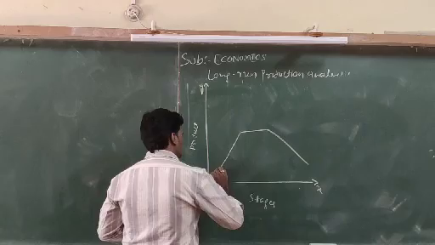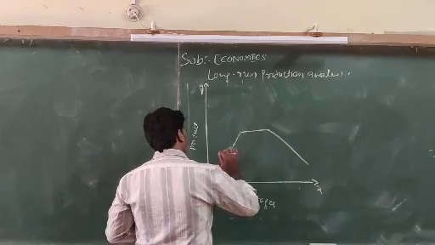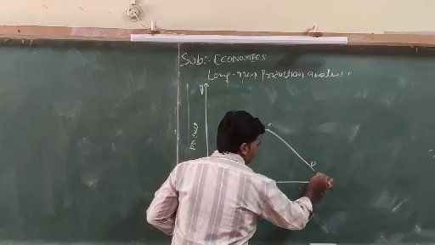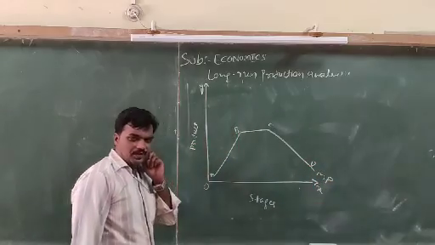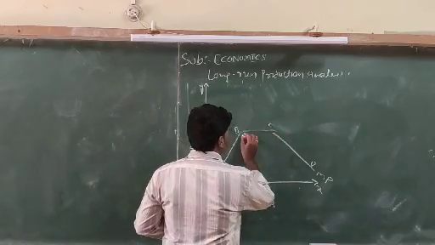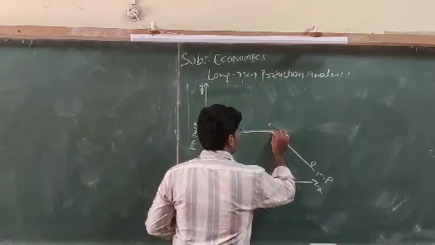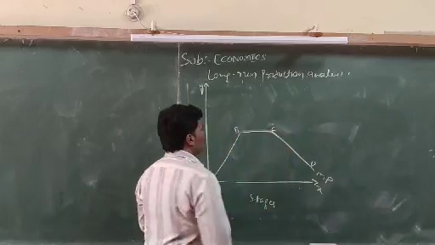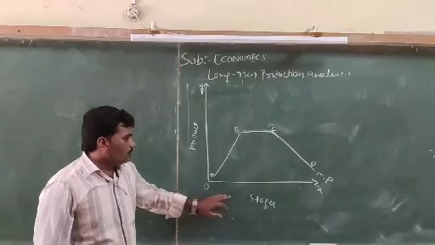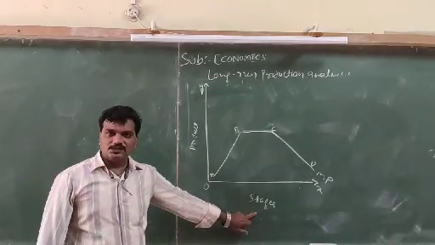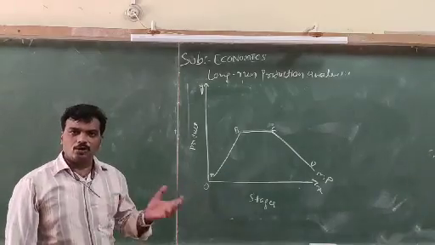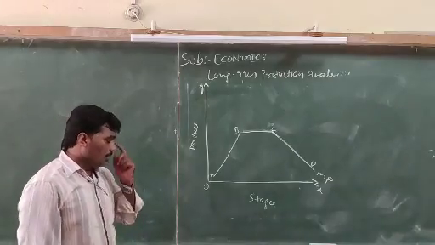I will mention the points A, B, C, and D. Okay, this is the marginal product curve. Let's observe the diagram. On the x-axis, we plot the stages of production, and the y-axis represents the product, total product and marginal product.